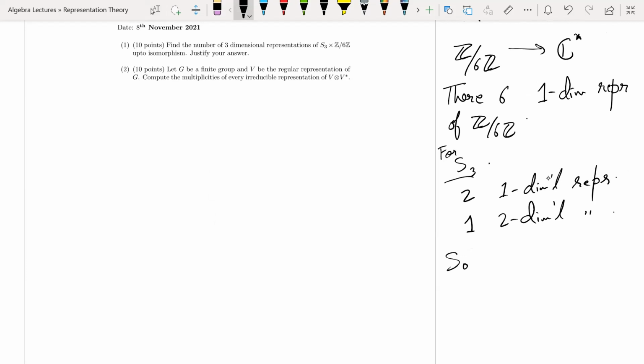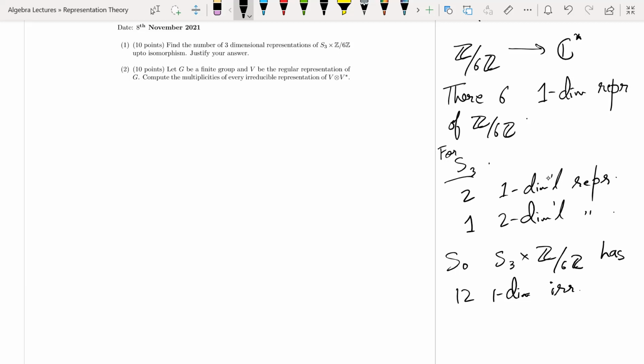So by the results we have seen, for the product S3 cross Z mod 60, the irreducible representations are obtained by taking an irreducible representation of Z mod 60 and an irreducible representation of S3 and tensoring them. As there are 60 one-dimensional representations, there will be 120 one-dimensional irreducible representations.